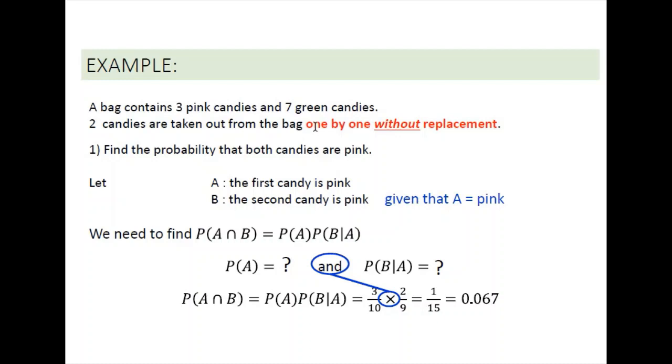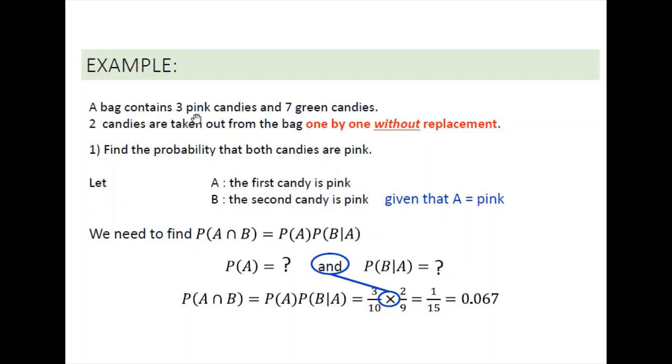It's the keyword for multiplication rule, one by one, without replacement. But what is the meaning of sampling without replacement? We talked about it before. Sampling without replacement means that you take a candy out, you make a note of it, and then you put it to the side, and you cannot resample it again.